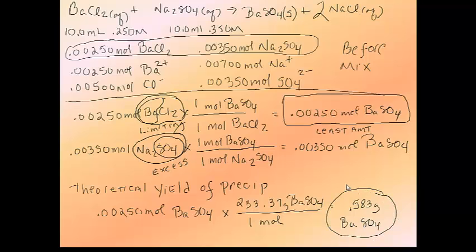That means after I mix it together, if I were to separate the solution from the precipitate, dry it out, I theoretically should have 0.583 grams. This is the theoretical yield of my solid.